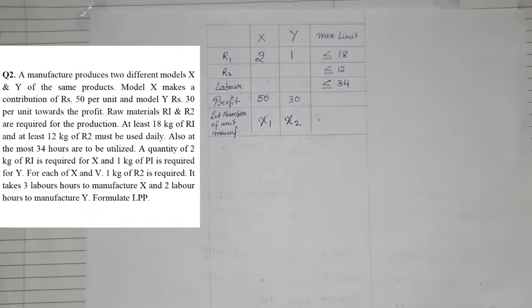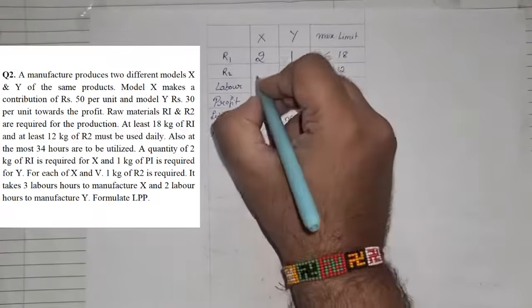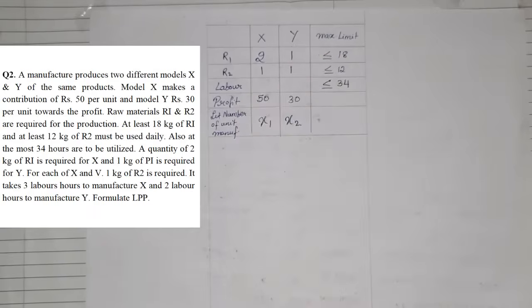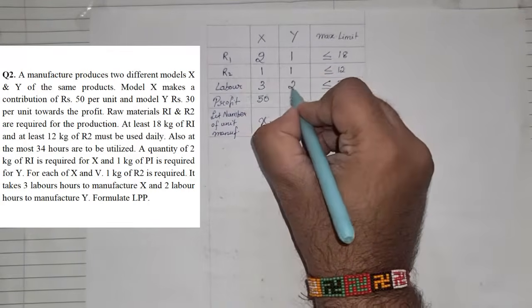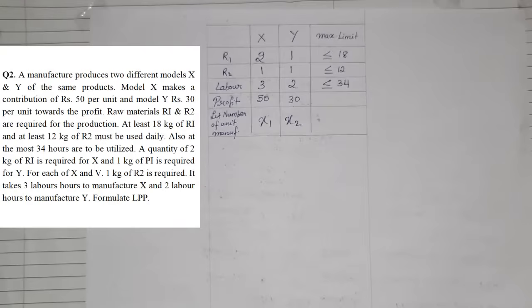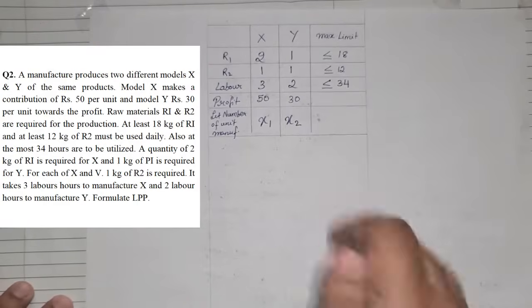Thereafter for each of X and Y, 1 kg of R2 is required. Then it takes 3 labor hours to manufacture X and 2 labor hours to manufacture Y. Formulate LPP. Okay? So we have completed our tabular form.